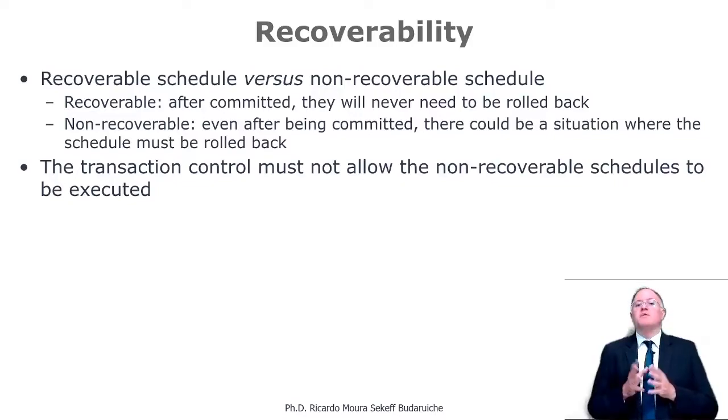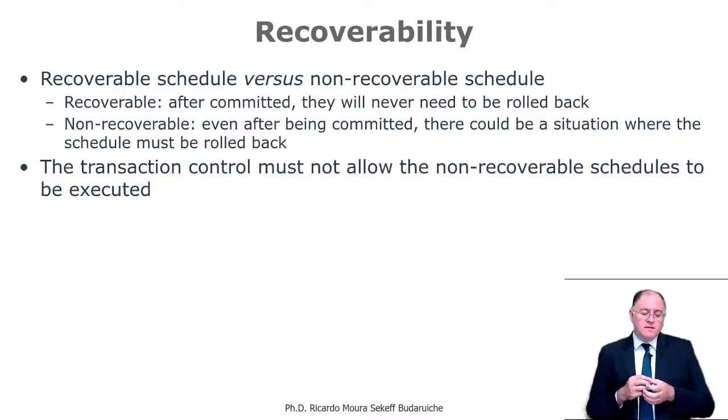A recoverable schedule is one in which no problems can occur after being committed. For example, there's no need to roll back. A non-recoverable plan cannot guarantee this clean execution, and a problem can occur, not necessarily, but forcing an abort and rollback operation if it occurs.